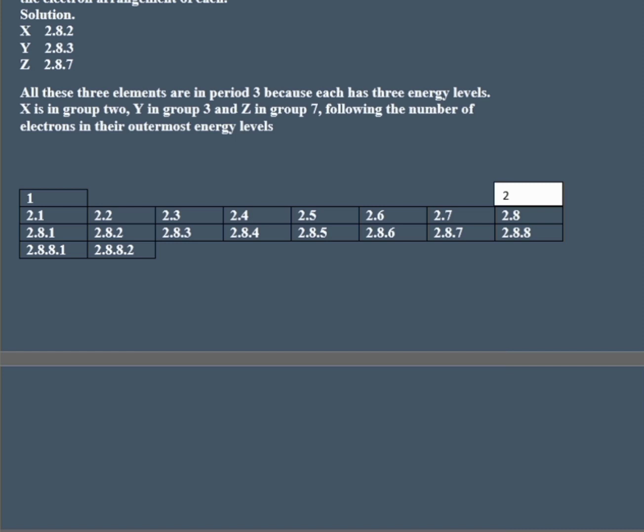Remember, helium has only 2 electrons, and because the 2 electrons are in the first energy level, the energy level of helium is now carrying the maximum number of electrons. Now it is stable. We will find that in group 8 we have elements that are stable.